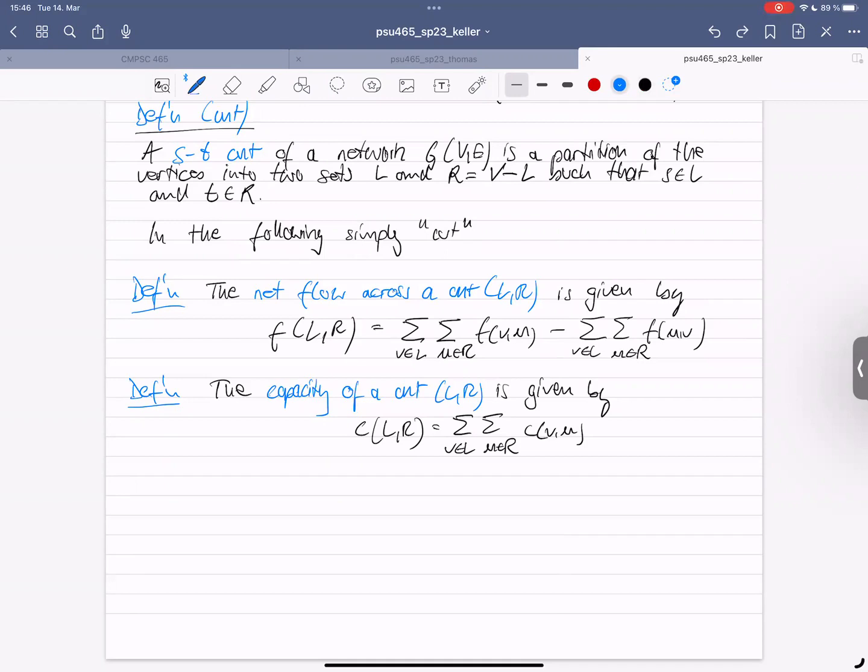The minimum cut now is a cut whose capacity, in the sense of the previous definition, is the smallest over all possible cuts.